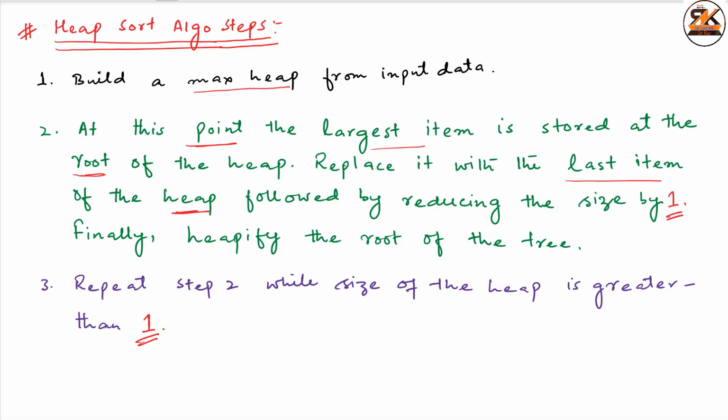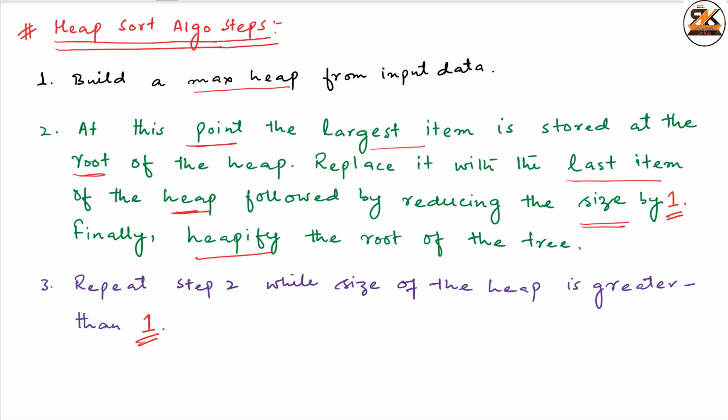Okay, and we replace the root with the last item of the heap, that is the last element of the heap, followed by reducing the size of the heap by 1. And when we replace the root with the last item, we reduce the size of the heap by 1 also. And finally we heapify the root of the tree.